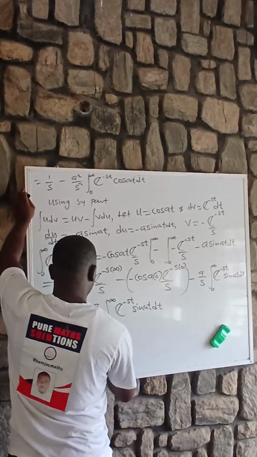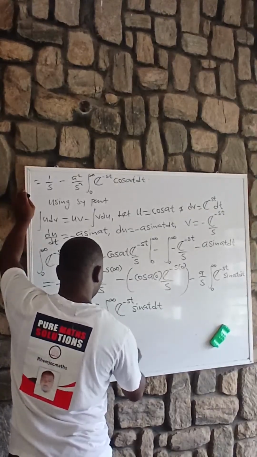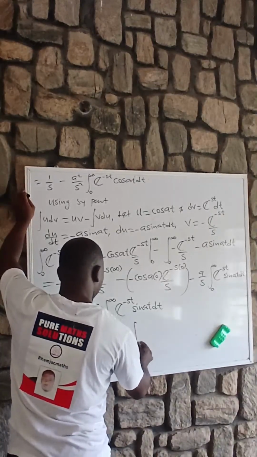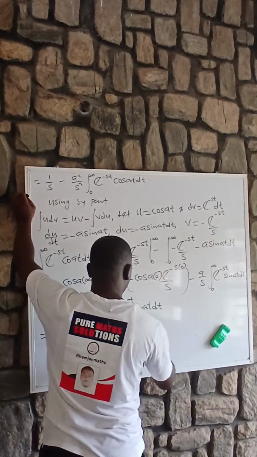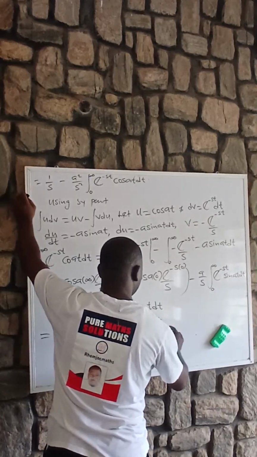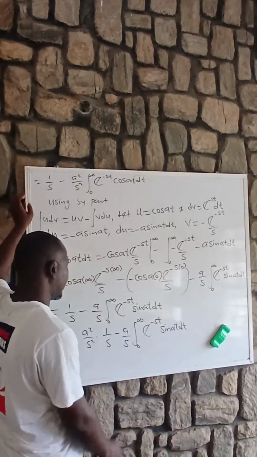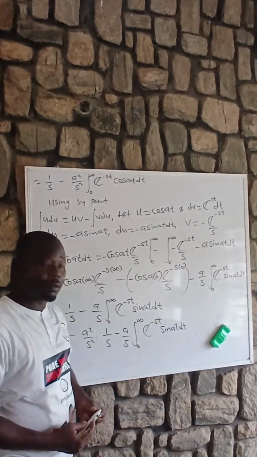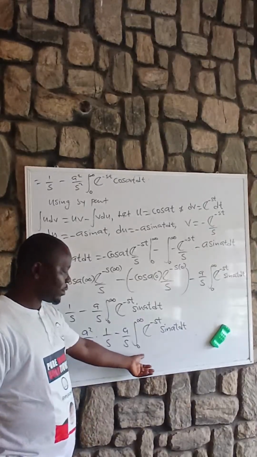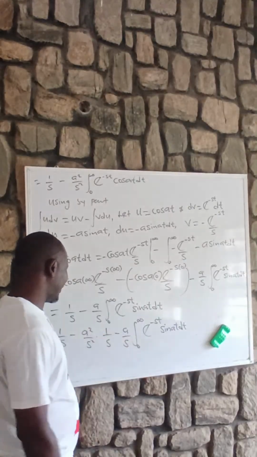Then times 1 all over s minus a all over s. So integral 0 to infinity exponential minus st sine at dt. Am I right? So look at it. Go home and look at it if you can see what I am saying. I'm not going to finish it.